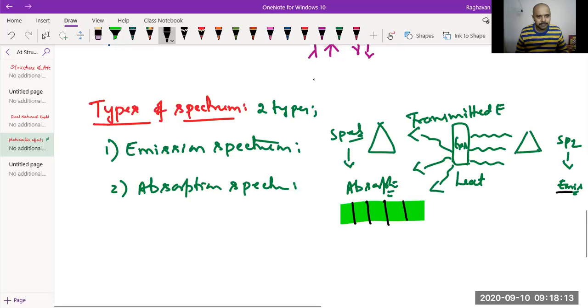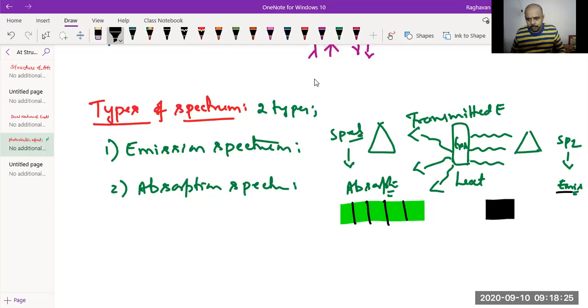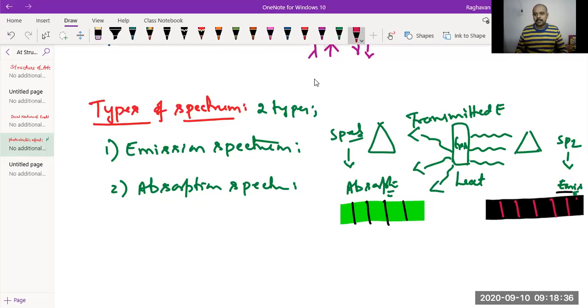There will be a dark background, and in between there will be bright lines. That's the major difference between the emission spectrum and the absorption spectrum.